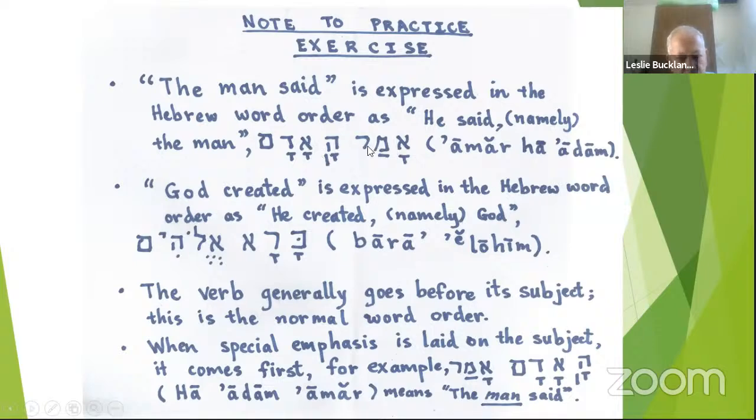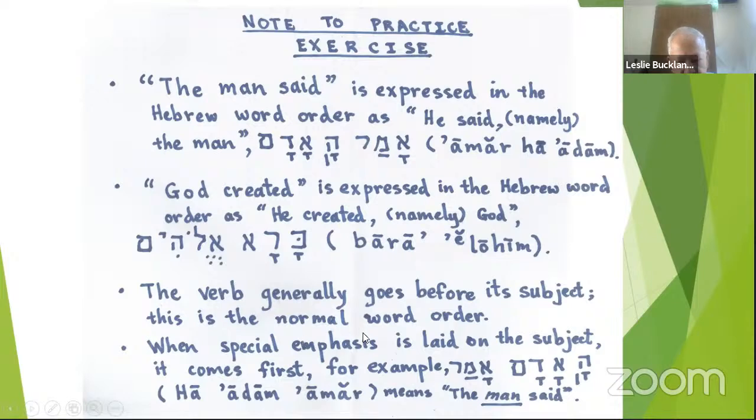And so you have the verb first and the noun comes after. So it is the man said. The same is true here. God created is expressed by the Hebrew word order as bara Elohim, he created, namely God, meaning God created. The verb generally goes before its subject, the noun subject. This is the normal word order in the Hebrew.